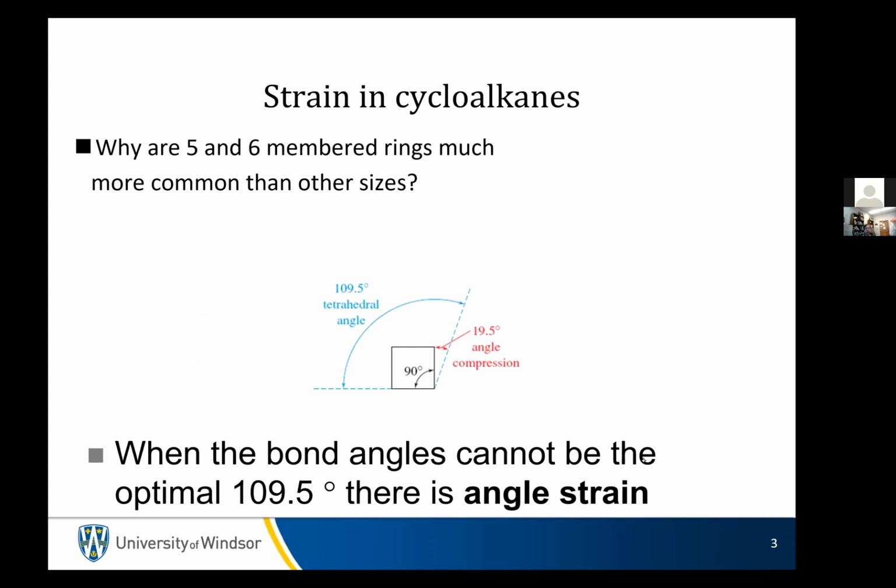So if we want to talk about strain, it is energy that is required to overcome non-ideal situations. We've just spent a lot of time talking about sp3 carbons. They like being 109.5 degrees. So whenever a bond angle cannot be 109.5 degrees, there is strain. And we call that angle strain because the angle wants to be 109.5 degrees and it's not.